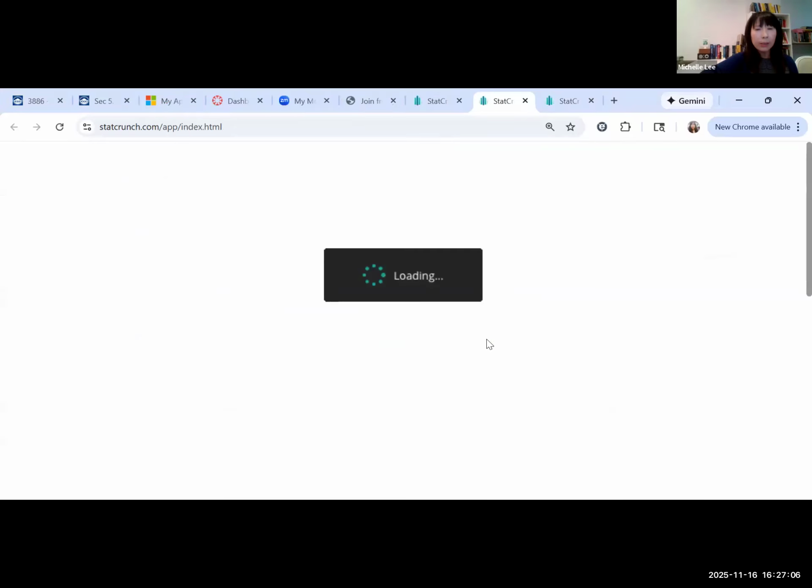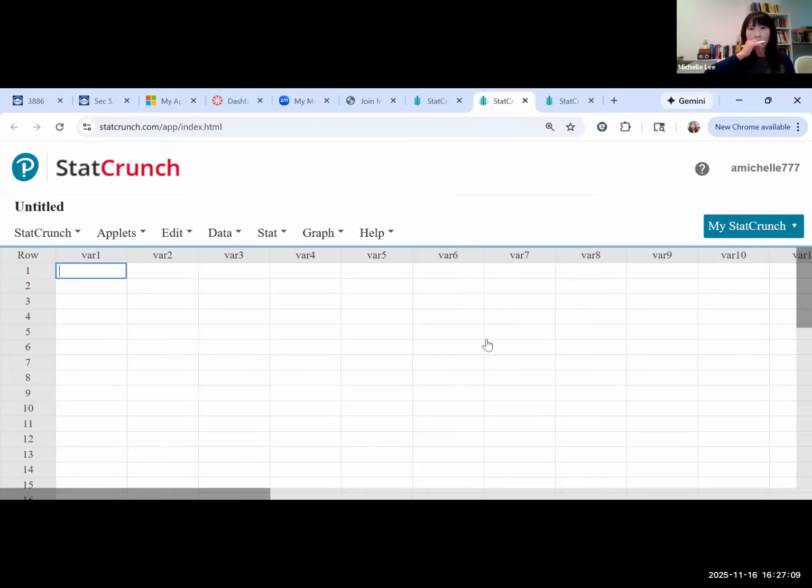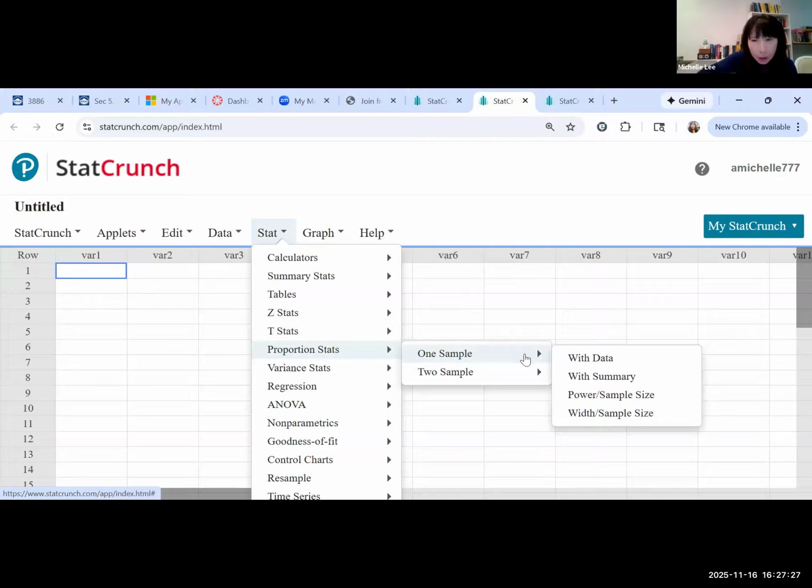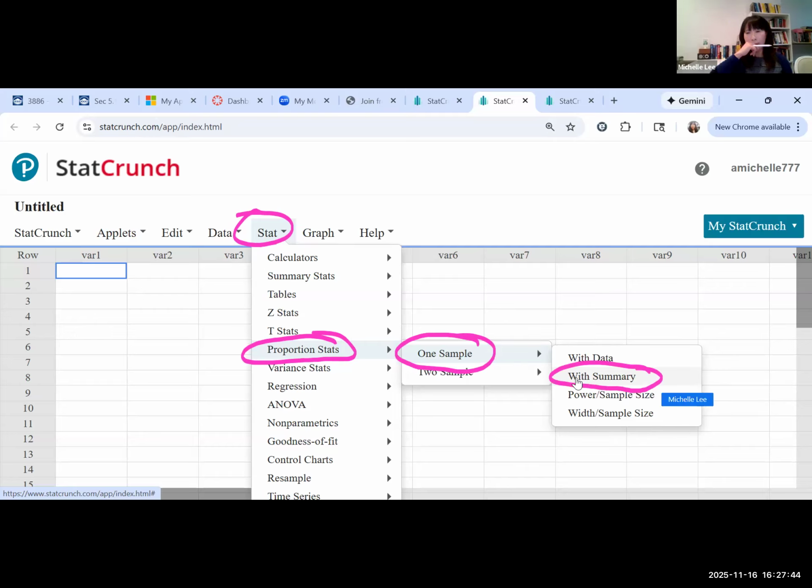Open StatCrunch. All right, then go to Stat, Proportion Stats, One Sample, With Summary. Okay, let me highlight here. Okay. All right. So let's click.